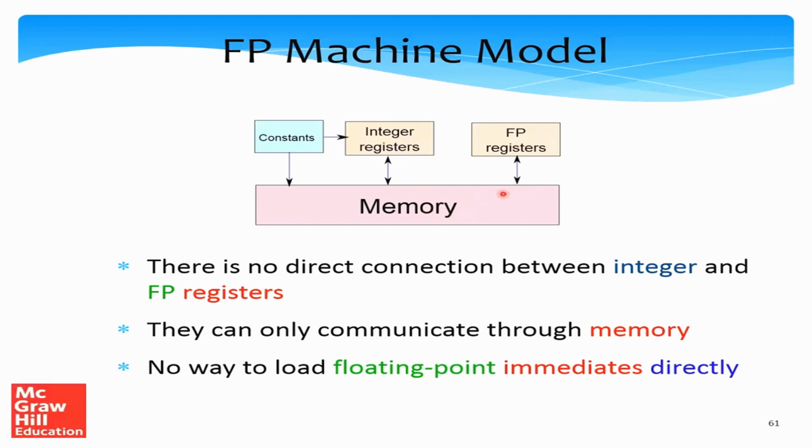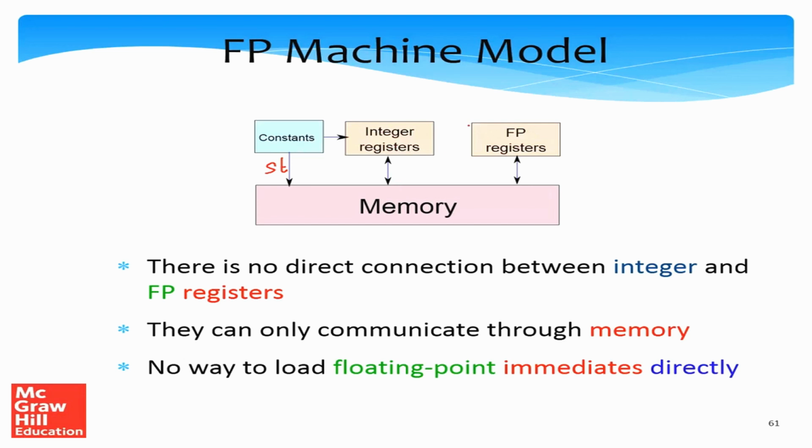So the machine model is like this: we have memory. We can directly store constants into memory. We can directly store constants into registers. Registers can then be stored into memory, and memory values can also be stored into registers.